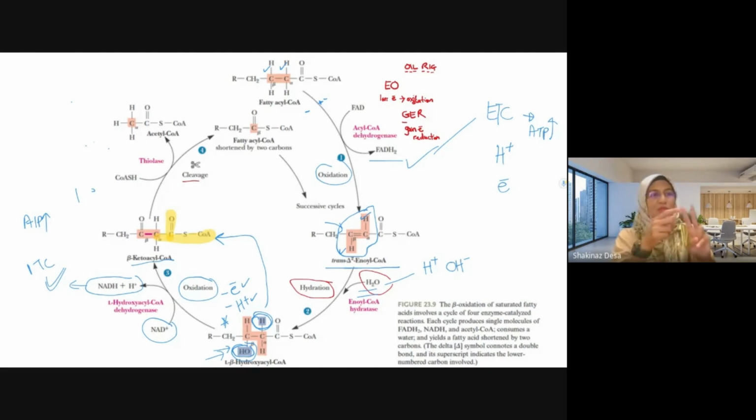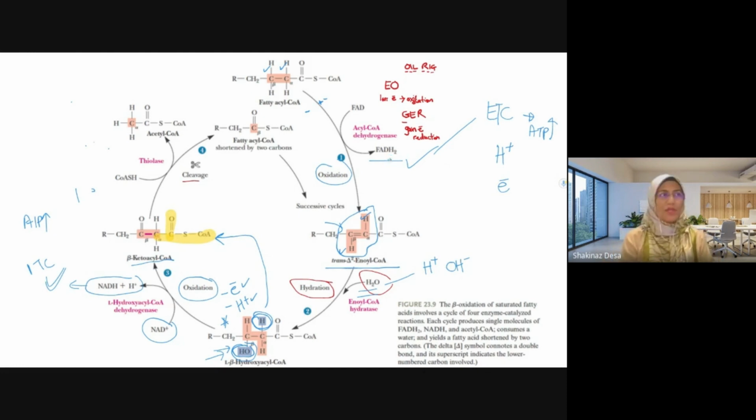So ada benda kena terima dia. So apa? First step, FAD must accept it. FAD will accept that hydrogen ion and electron. So apa berlaku kalau dia terima hydrogen ion dan electron? We will produce FADH2, the first energy molecule, FADH2.